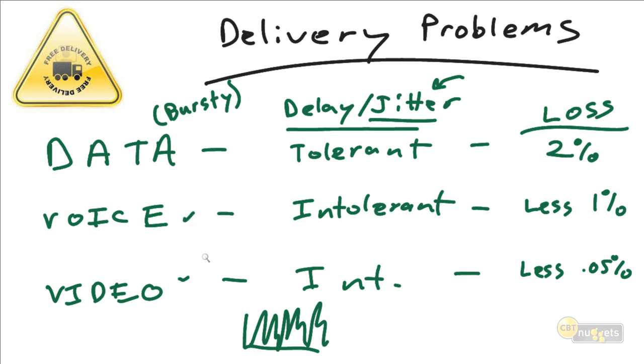Guess what? With voice traffic, in particular, not so much video, but with voice traffic in particular, we have what we call a benign traffic flow, a smooth traffic flow. It's very predictable.